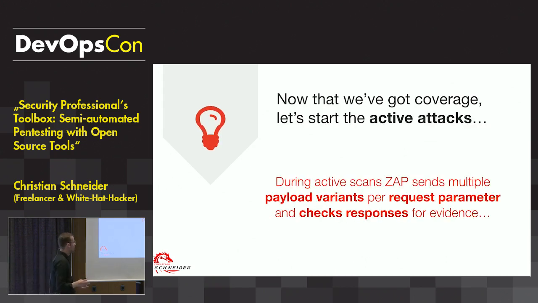So now that we've got good coverage of the application after manually enriching the sitemap tree, that's a good moment to start the active attacks. And what's an active attack in penetration testing tools like ZAP? It's an attack where each and every parameter, each and every form field, every entry point into your application, form parameters and URL parameters, is permutated with attack payload signatures derived by some internal logic of these tools.